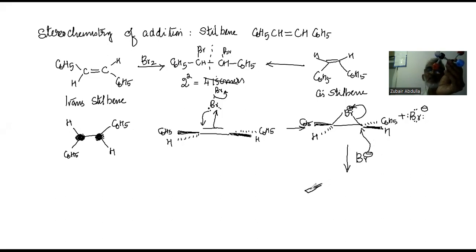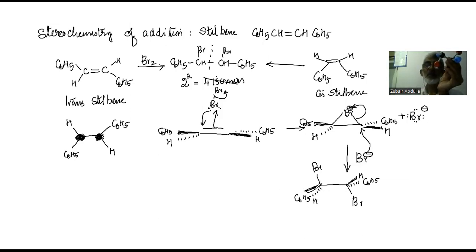We get C. So when this bromine comes here, we have the bromine coming from the opposite side, and here I have the hydrogen. This is C6H5. And over here, the C6H5 is to the front, and here is the hydrogen.